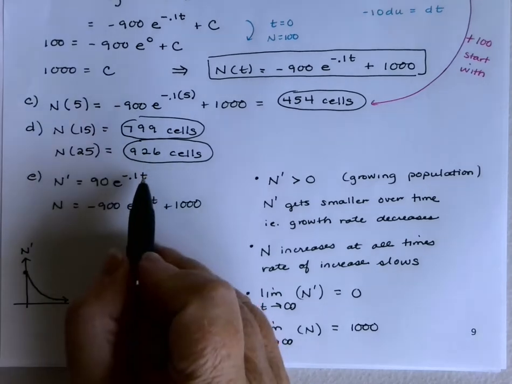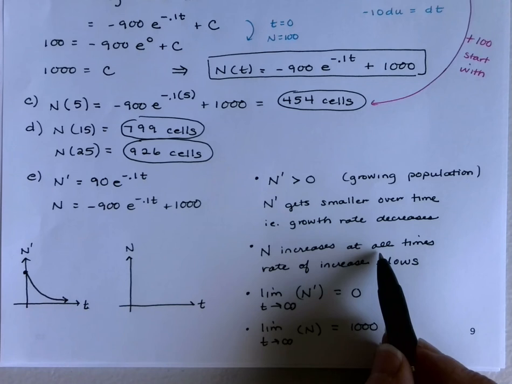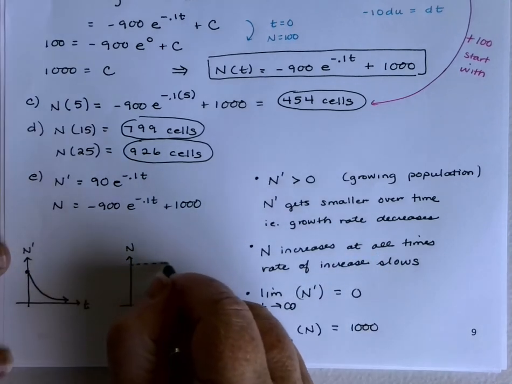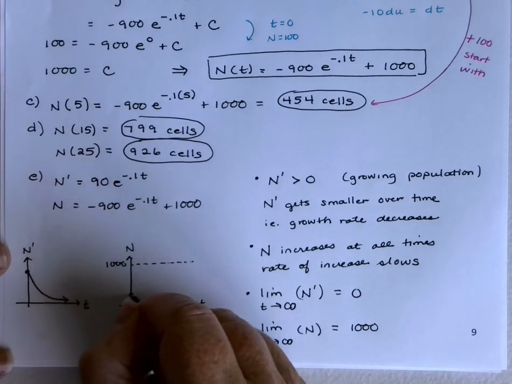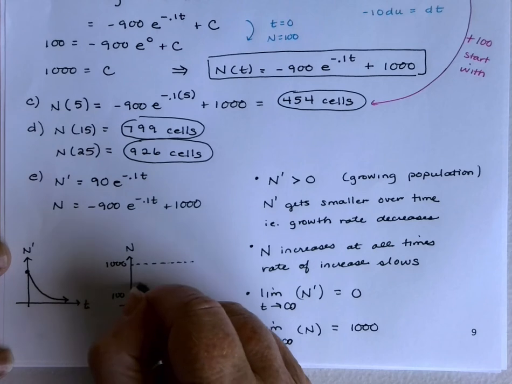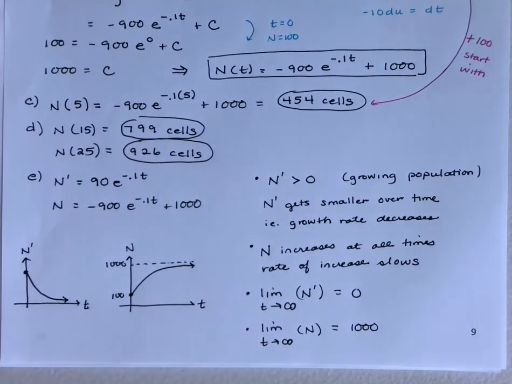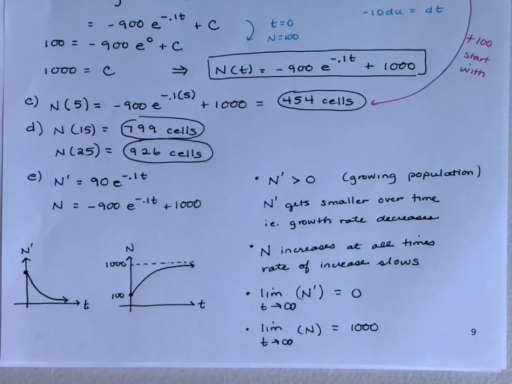And notice that's typical exponential decay. The n graph increases at all times, but increases more and more slowly and levels off at 1,000. It starts at 100, right? So n must look something like that. Now you can verify those by plugging these two equations into your calculator if you want to, but just based on our analysis, it really has to happen that way.